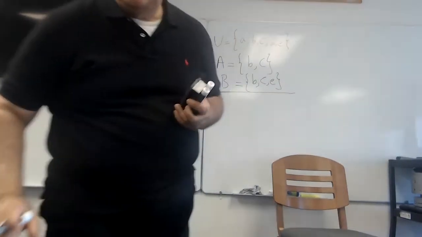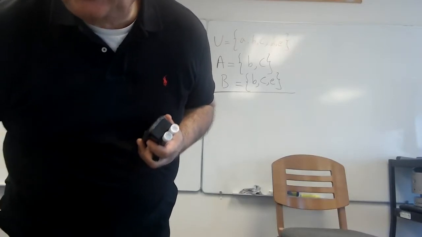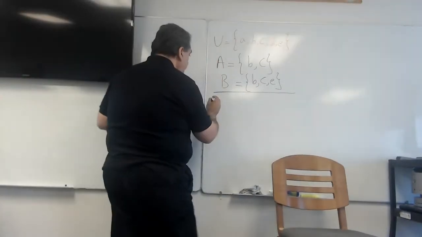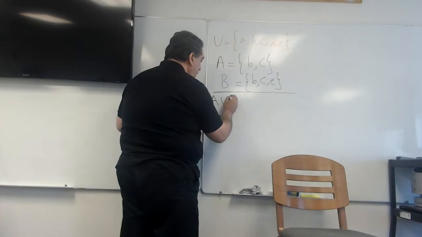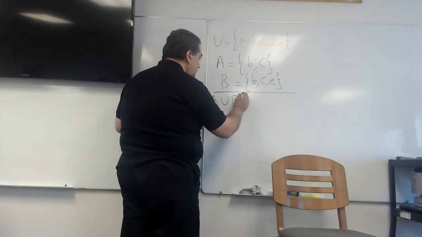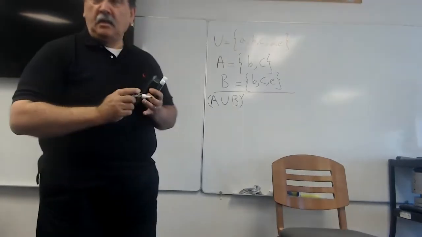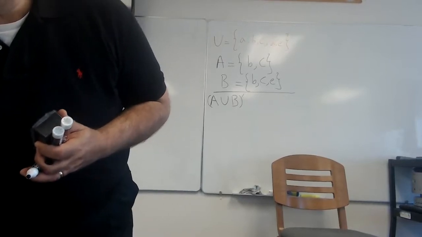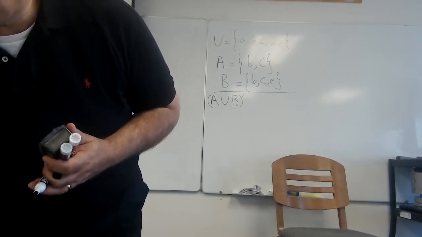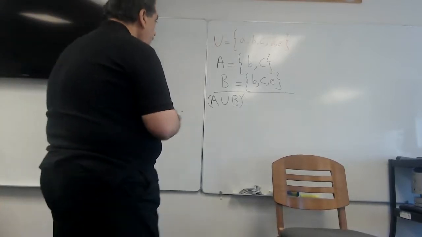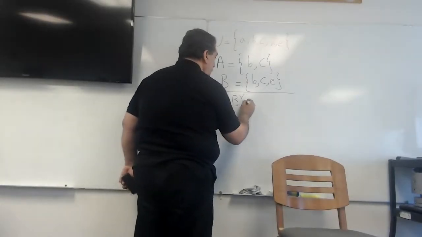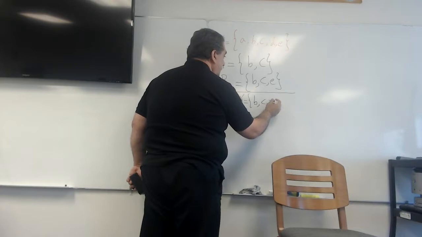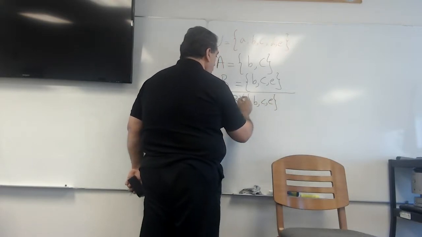Then question number 9 is asking for the union of A and B, parenthesis prime. The union of A and B, what's in both A and B, would be B, C, and E. That's the union.